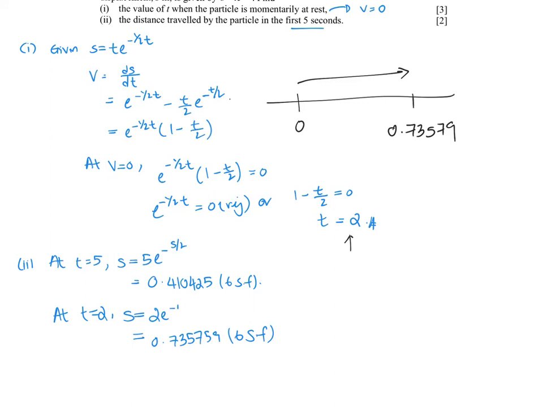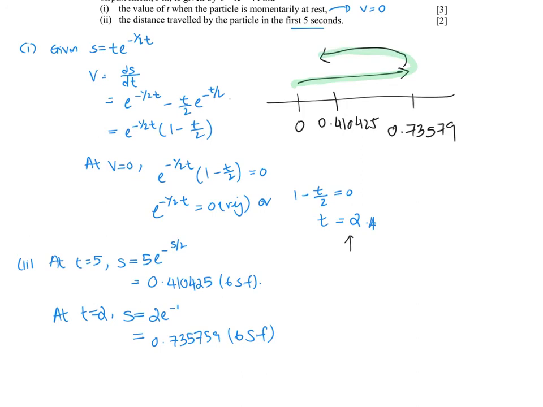So what has happened is it has gone back to the left, such that the displacement here is 0.410425. So the distance traveled will be this part, everything in green. Good with that?